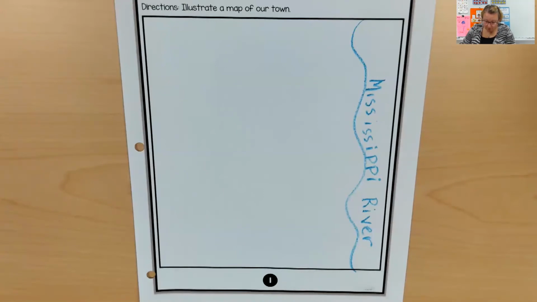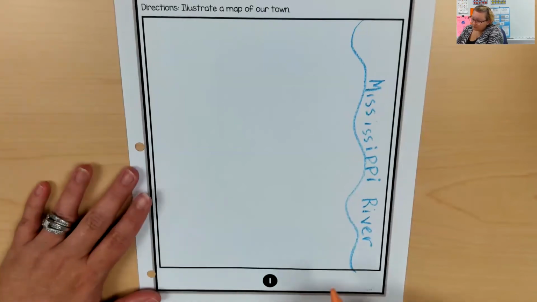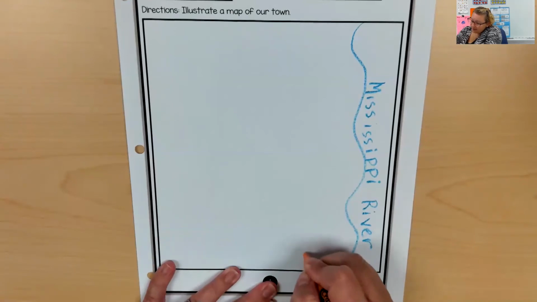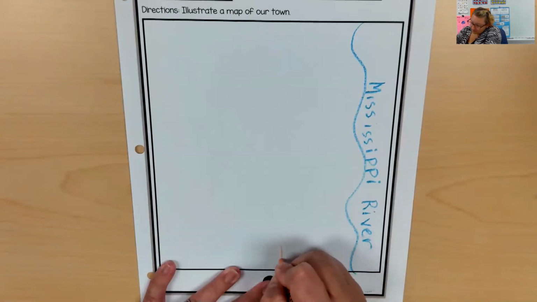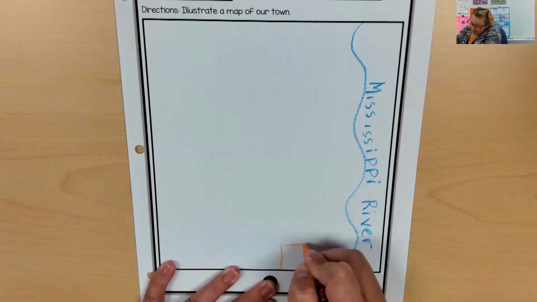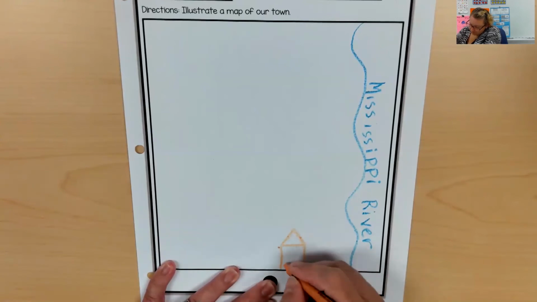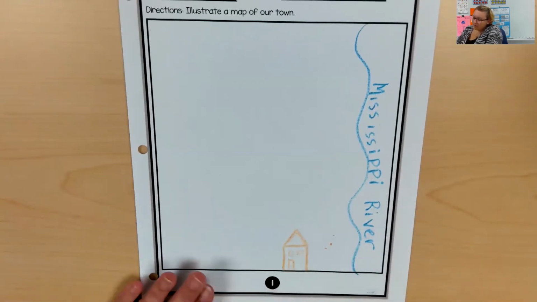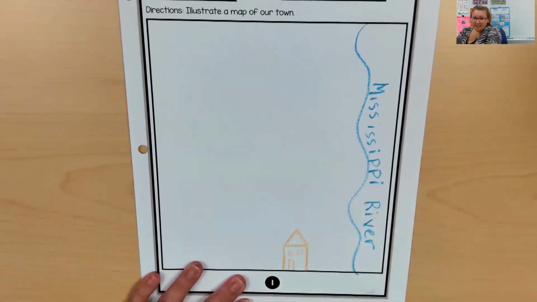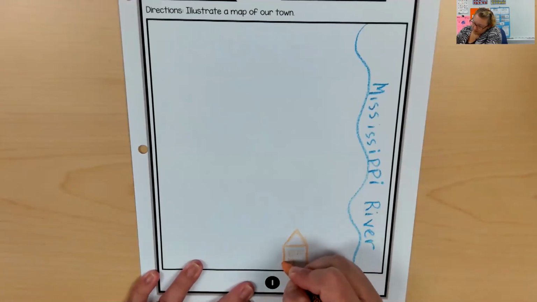So I'm going to draw my house, and I actually live quite close to the Mississippi River. So I live kind of like here. I'm going to draw my house here. Okay, so there's my house. And my street kind of is curvy.